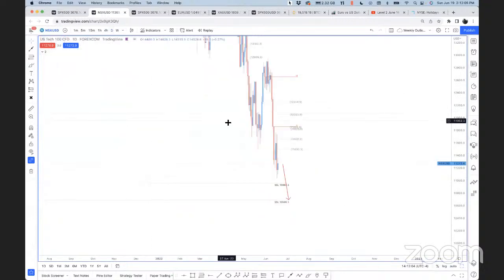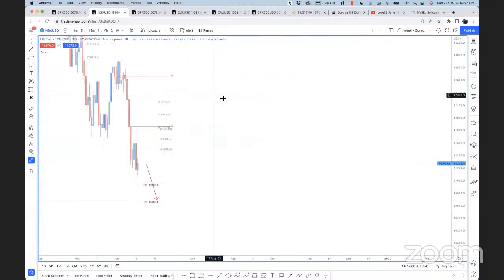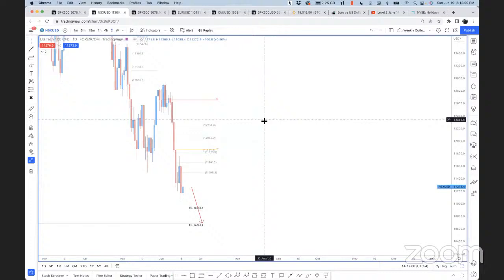So it's actually three important imbalances on NAS. This one, from here to here. Then we have this one that I already marked, from this low to the high of this candle.